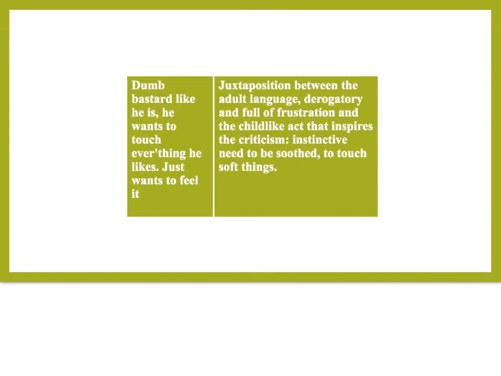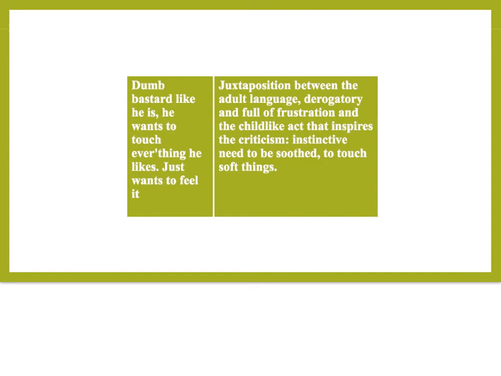"Dumb bastard like he is, he wants to touch everything he likes, just wants to feel it." So again, what we see here is a mixture of frustration and concern. He's concerned that people would misconstrue what Lennie was up to, and he wants to make it clear that he's just acting in a childlike way, that he likes to touch soft things, but he's also frustrated, and that frustration comes through by again using that abusive term bastard.